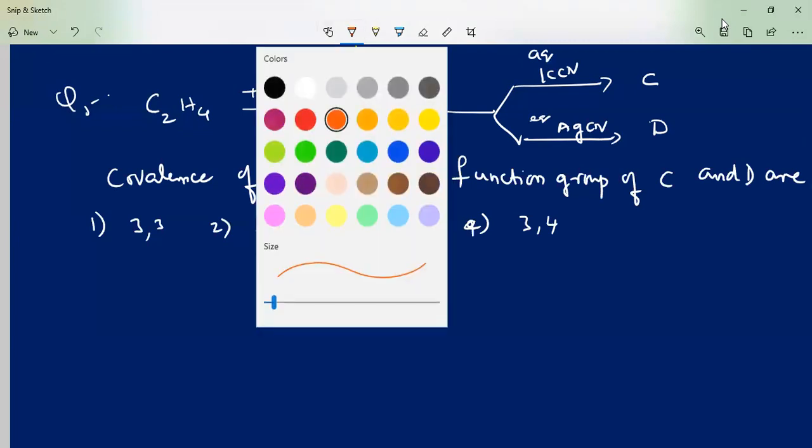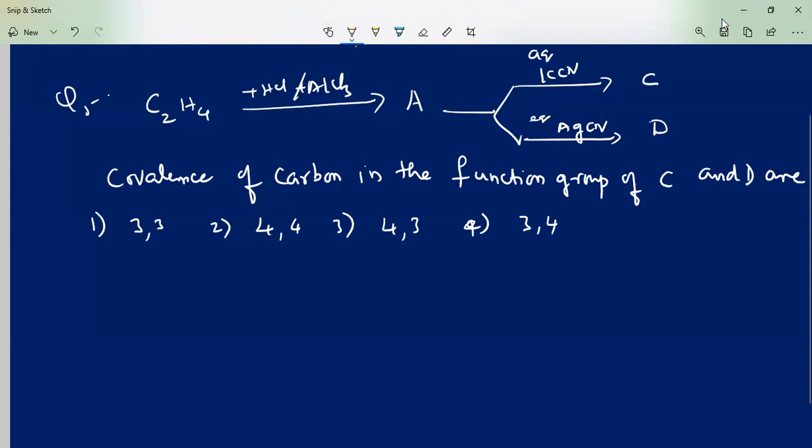Dear students, first of all, we need to understand what A is. You know that C2H4, an alkene, undergoes addition reaction. With HCl it gives C2H5Cl. Ethyl chloride is the product of the first reaction, so A is ethyl chloride.